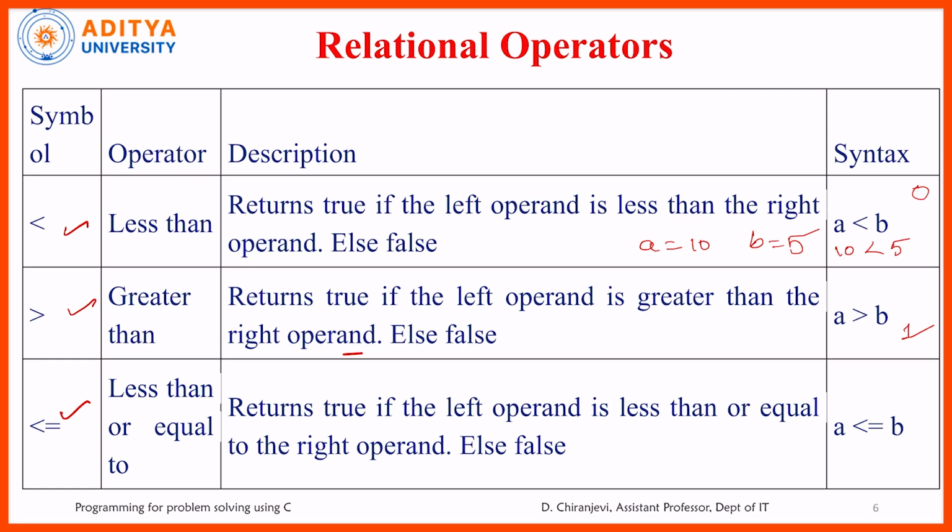Here 10 less than 5 is false, and 10 equal to 5 is also false, so overall the final result is 0. So a less than or equal to b also gives 0.